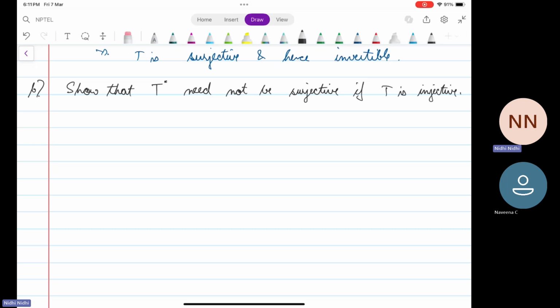That means we need to show that there exists a T such that T is injective, or one-one, but T star is not onto. So let's see how we can find such a T.